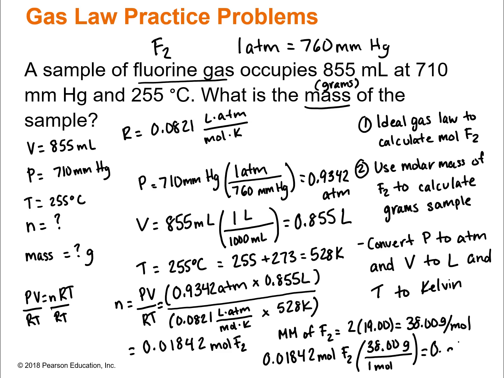Your calculator will tell you something like 0.6999 something or other. But we can only have 3 significant figures. So that means that our final answer is 0.700 grams.